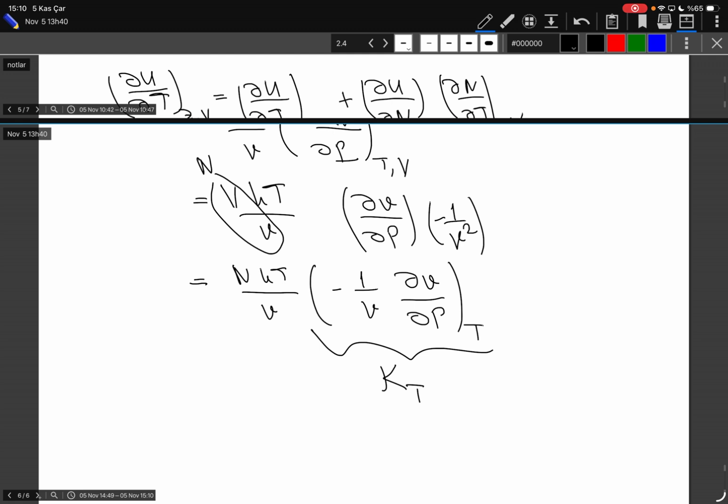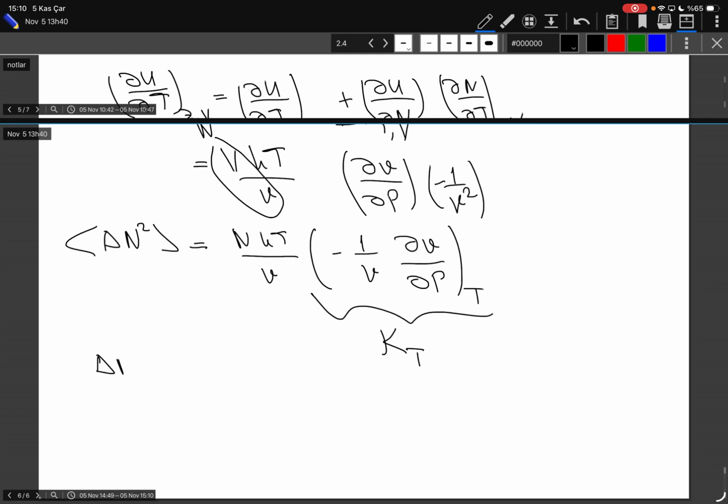Now, this is delta n squared average. Okay, so if I divide this by n squared, the relative fluctuation in the number, you see the fluctuation in the number increases with n. Everything else is an intensive parameter.